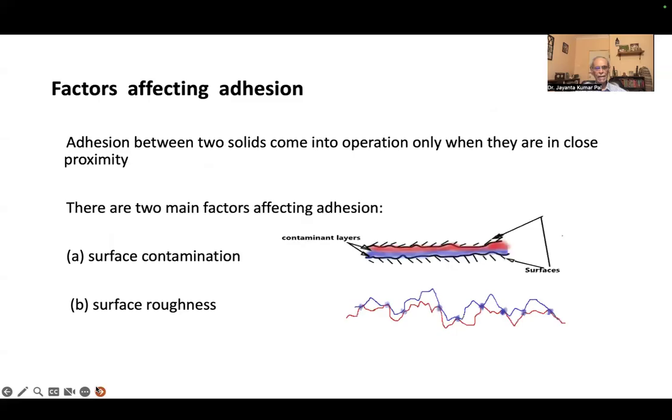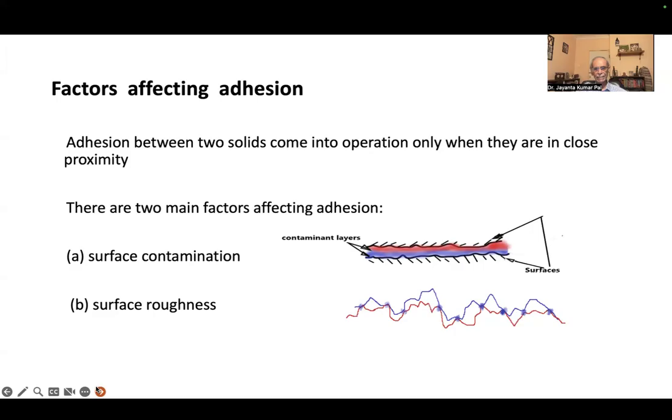Now, coming back to our original idea that the surface forces will be acting when the two surfaces are smooth and clean. Clean because if the two surfaces are not clean enough, there will be a surface layer, oxide or some other layers.